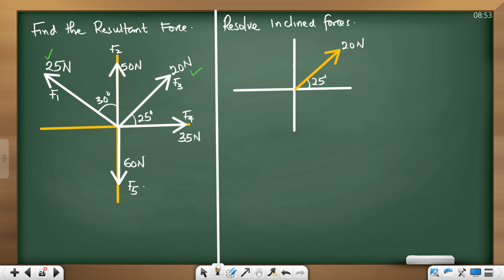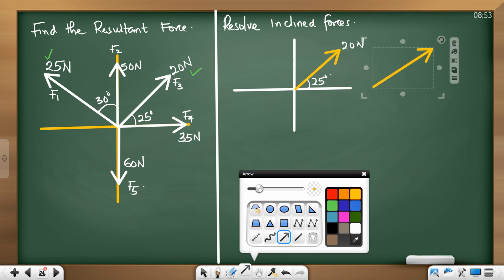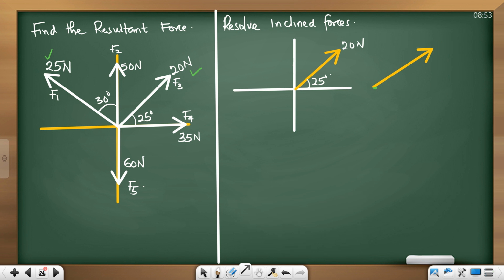Do you want to do this for me quickly, just to make sure everybody's on board? If we resolve this, it's pointing up and right. So right, always form a right angle. I'm going to tell you the meaning of this triangle once we get this right. 20 newtons. This is 25.